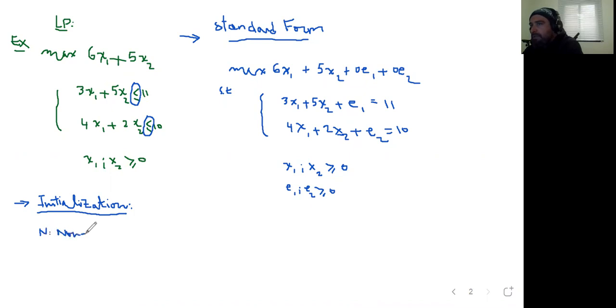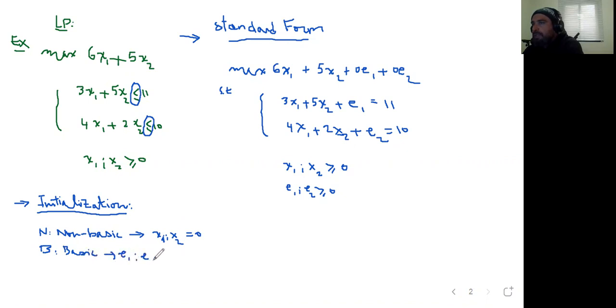Usually we talk about non-basic variables when the variables are at zeros, okay? So I'm saying x1 and x2 are non-basic here, which means they are zeros. Just as initialization, okay? So the basic variables are just E1 and E2.